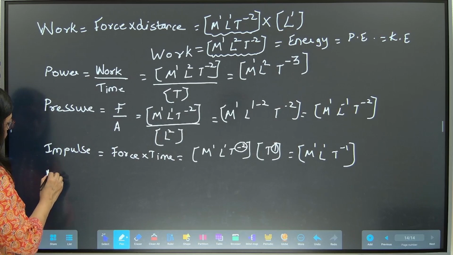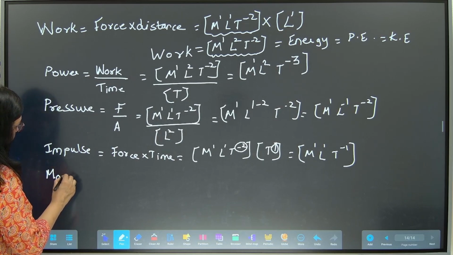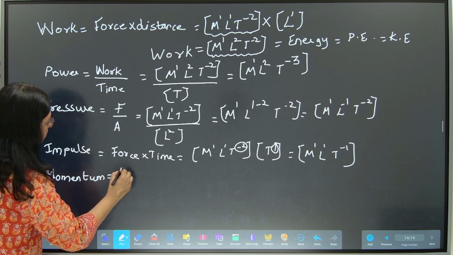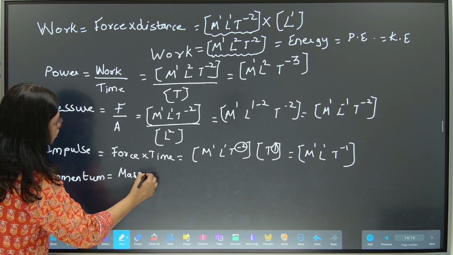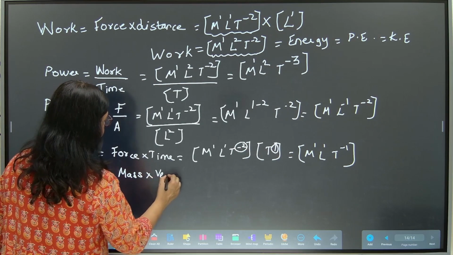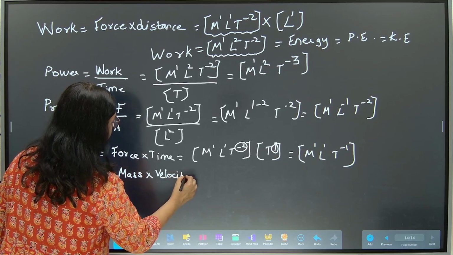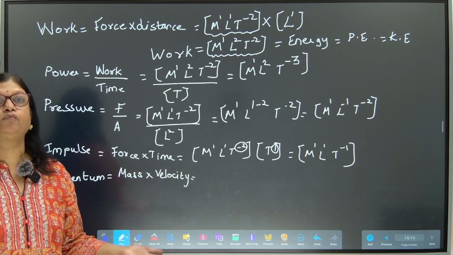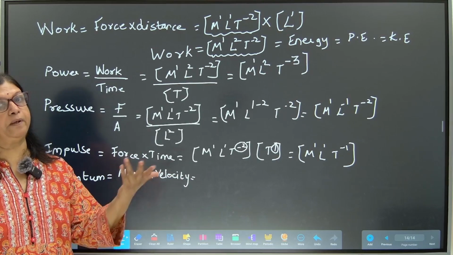Now momentum. Momentum is equal to mass into velocity. Now you have to remember what was the dimensional formula of velocity, or again go to the formula and derive it.